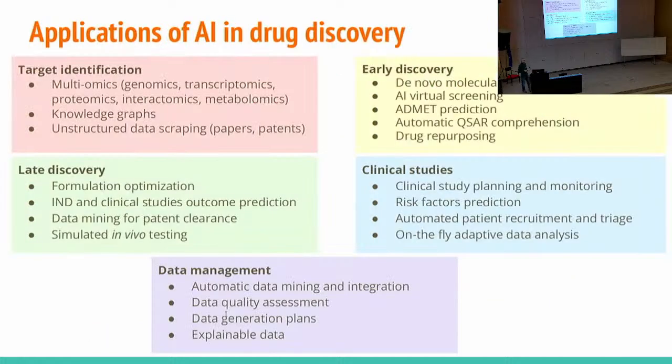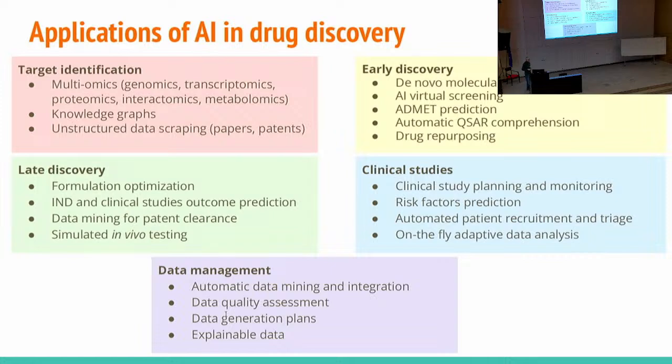So in terms of concrete applications, we can divide this into stages. We start with target identification, the very first stage of drug discovery. You can use AI in multi-omics to combine the results from genomics, transcriptomics, proteomics, interactomics, lipidomics, whatever omics.